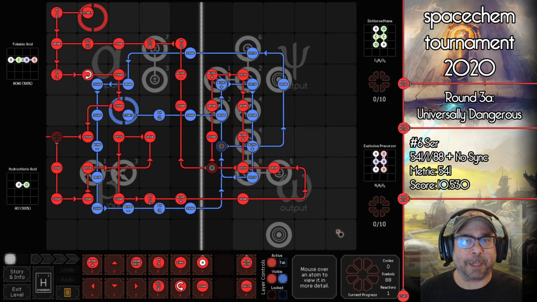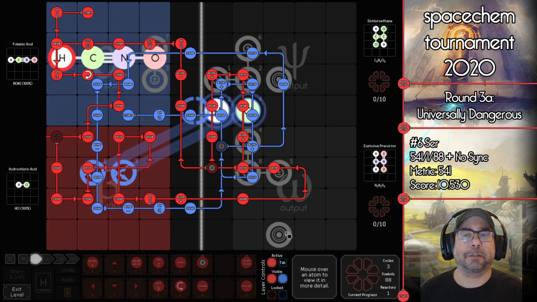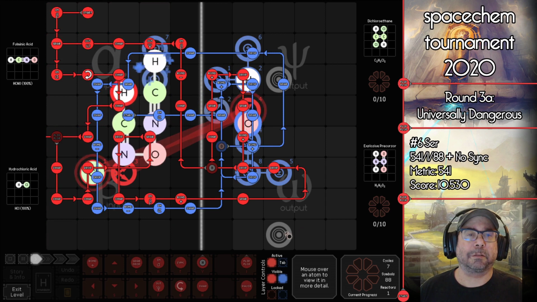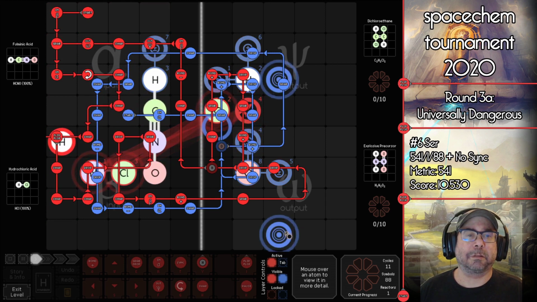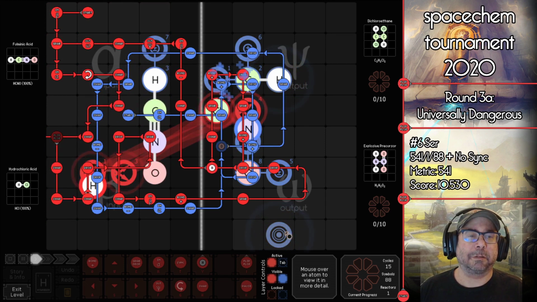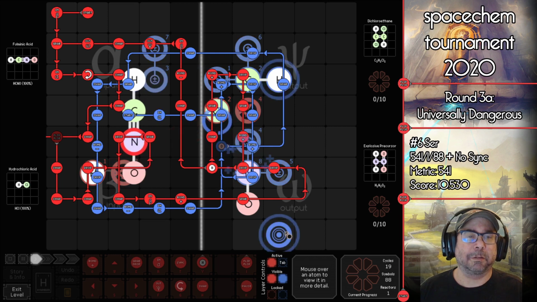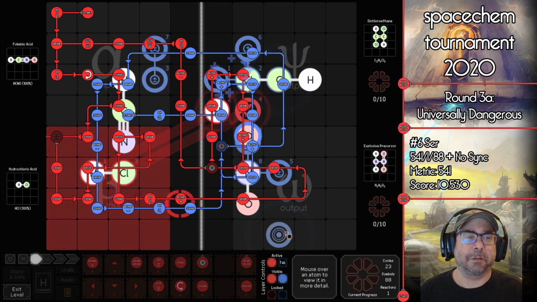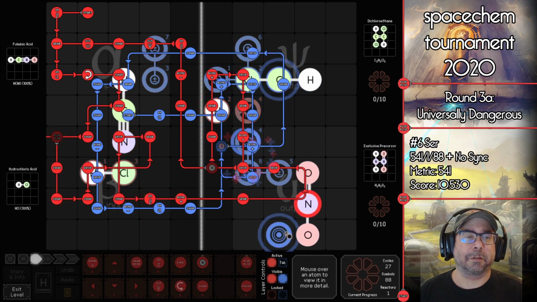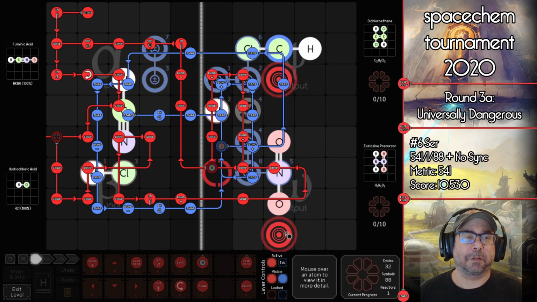Number 6 place is by Sir. Sir is our current tournament leader, the man to beat. Here, let's see how he did his solution. All right, so we now jump 20 cycles down with some very interesting double input alpha construction. Blue and red take turns constructing half of each output in an 8-cycle loop that each moves 2 atoms across the gap each time.